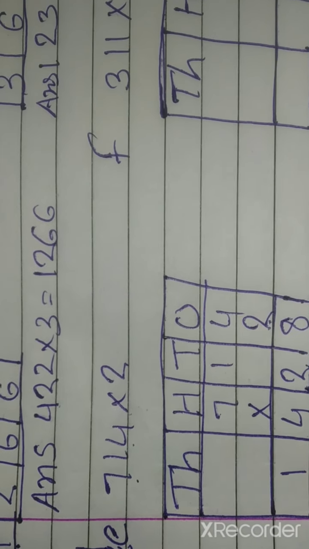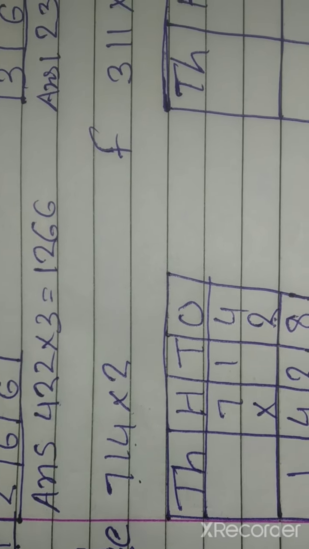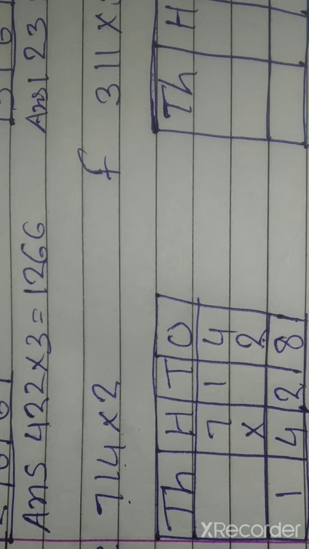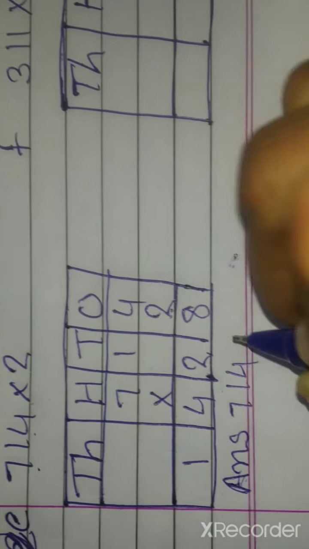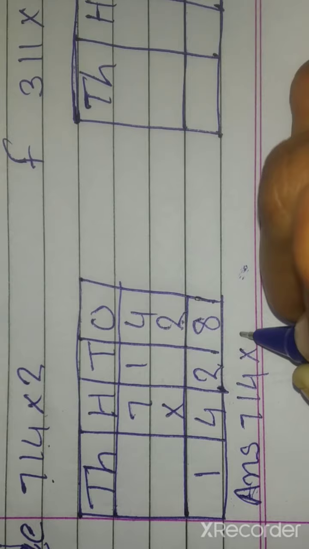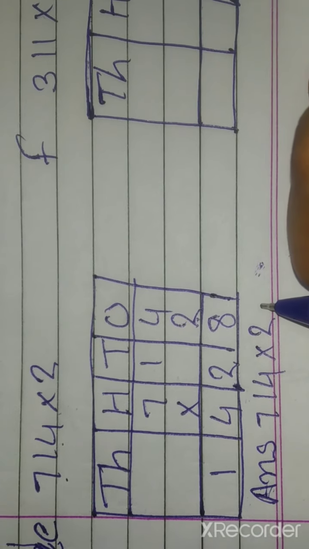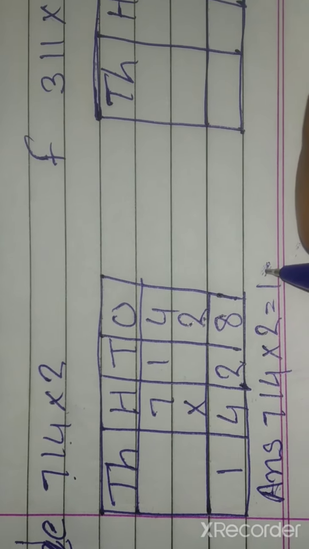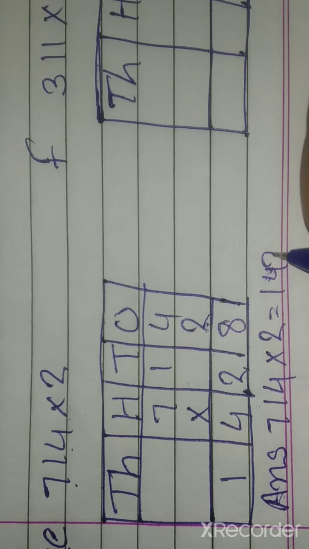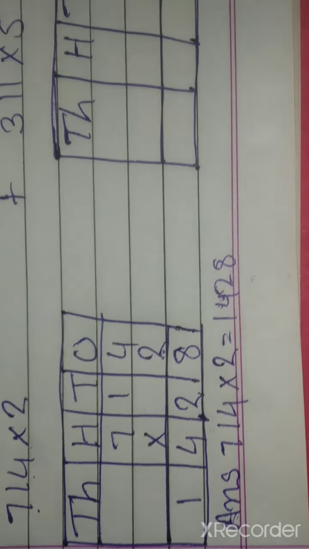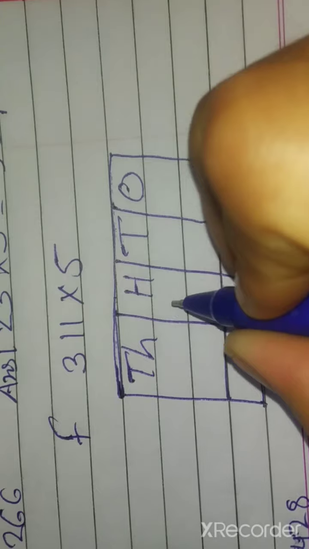So here we have to write the answer. 714 into 2 is equal to 1428.